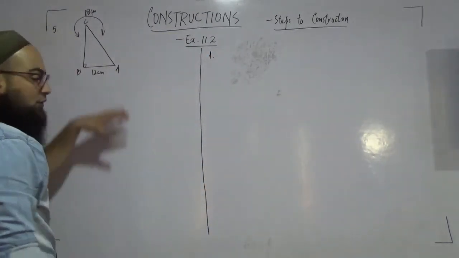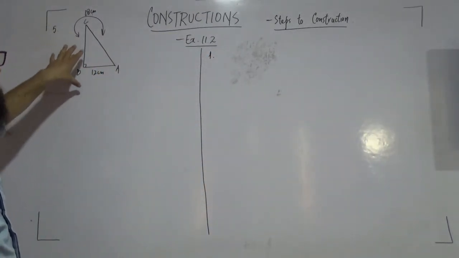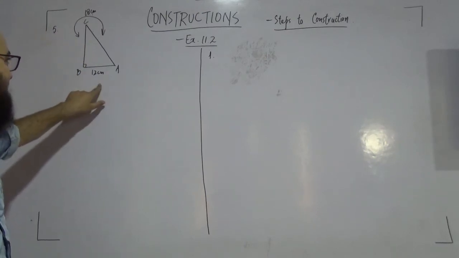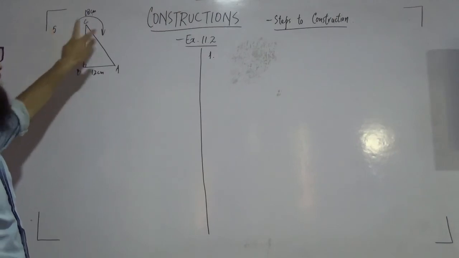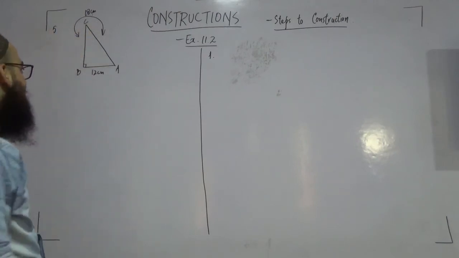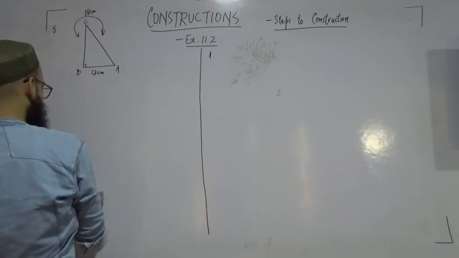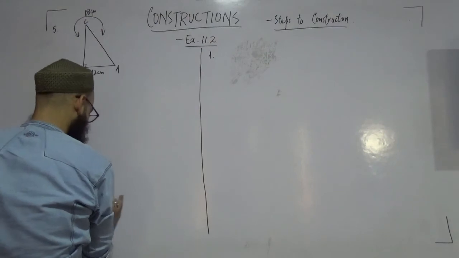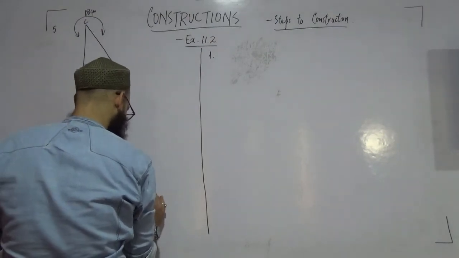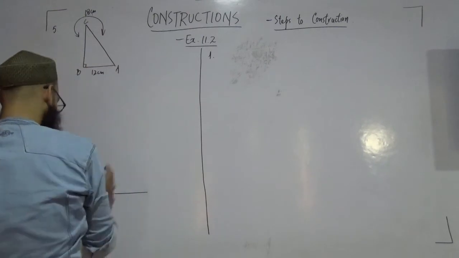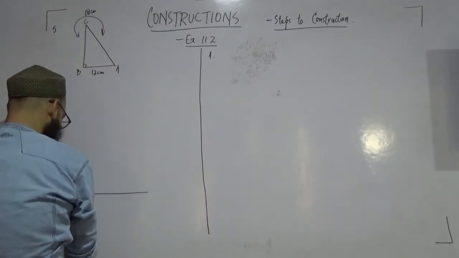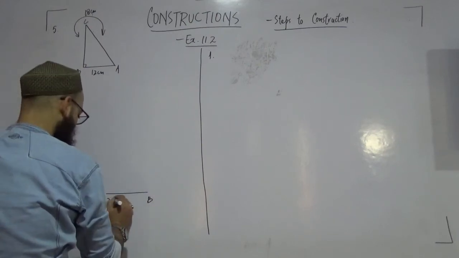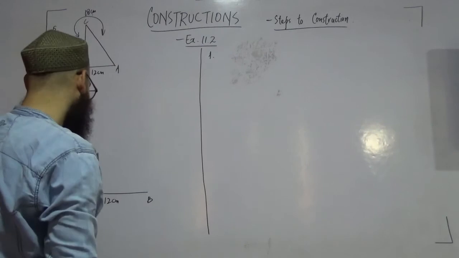First of all, if you observe carefully, it is exactly like question number 1. Because base is given, base angle is given, and the sum of two remaining sides is given. So what we'll do? Construct a line segment AB.